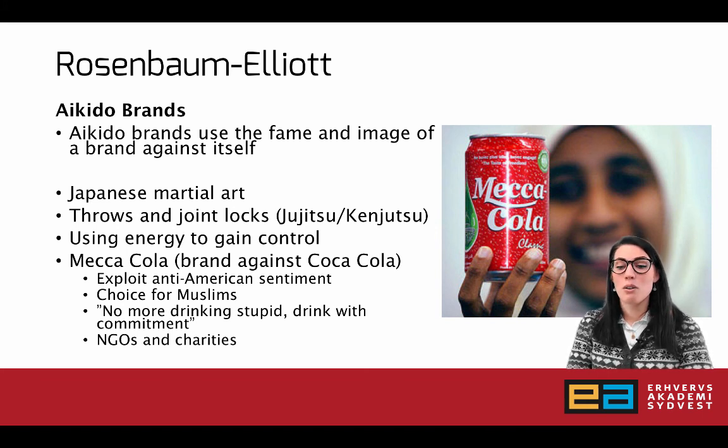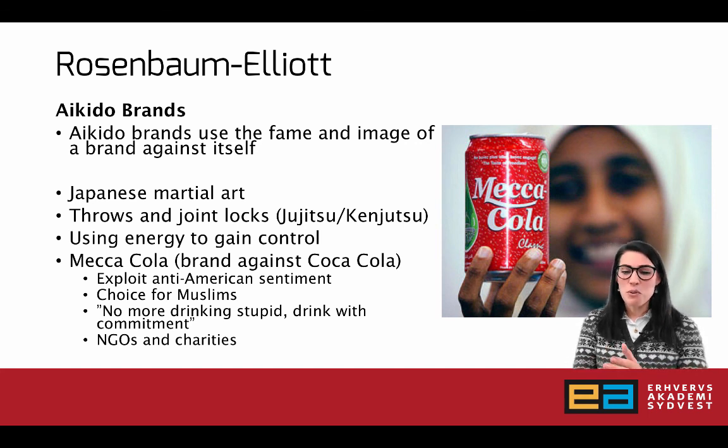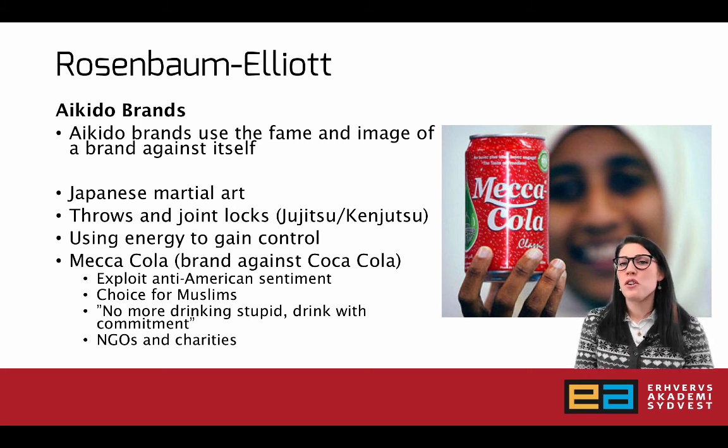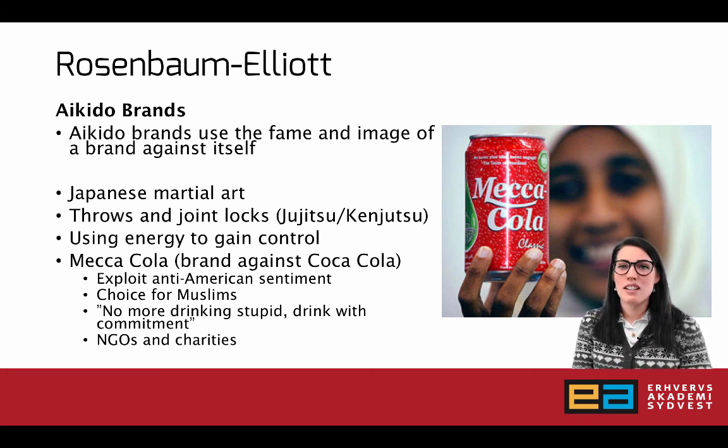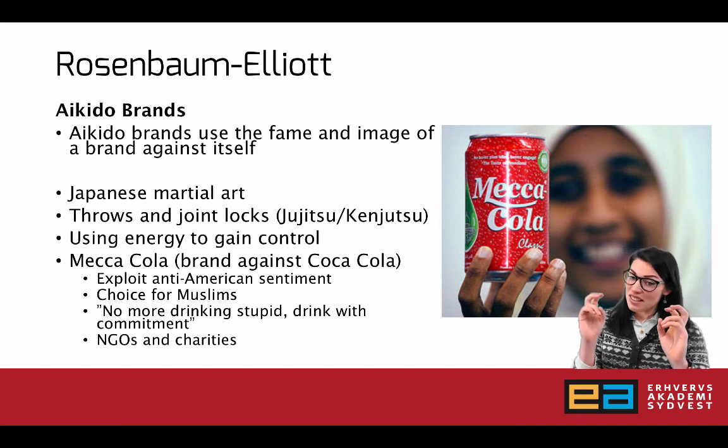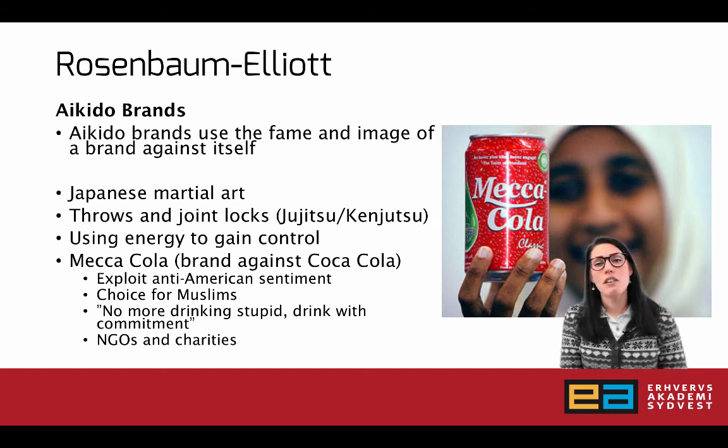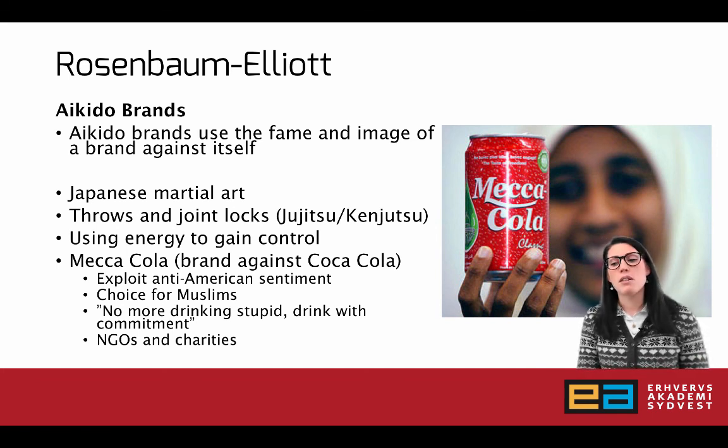Coca-Cola and Mecca-Cola, they are pretty much looking the same. We have the same colors, we have the same font, and so on. Coca-Cola was not that huge in the Arabic countries, but then they invented the Mecca-Cola and it got very, very huge.